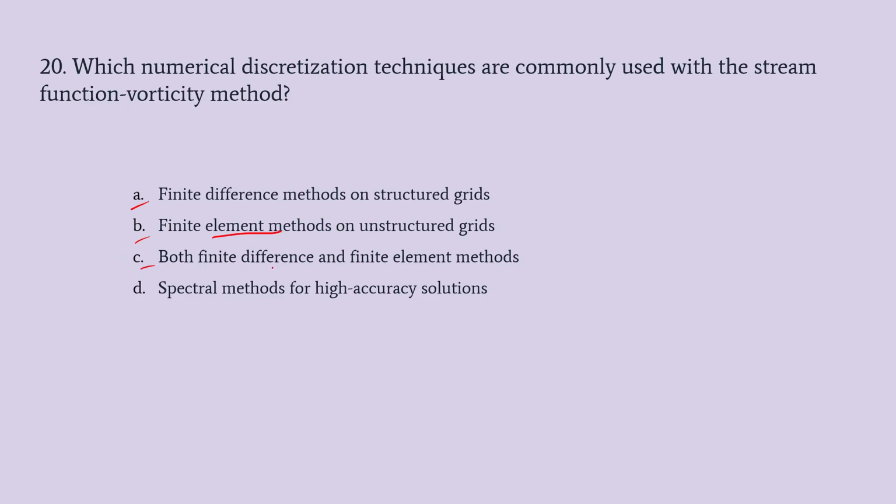Option C, both finite difference and finite element methods. Option D, spectral methods for high accuracy solutions. So which is the numerical discretization method that we will be clubbing with stream function vorticity method? You can try to answer the question. You can inbox your answers.